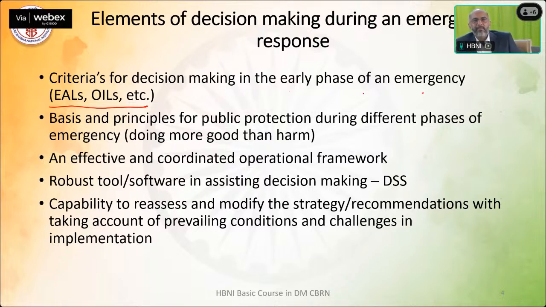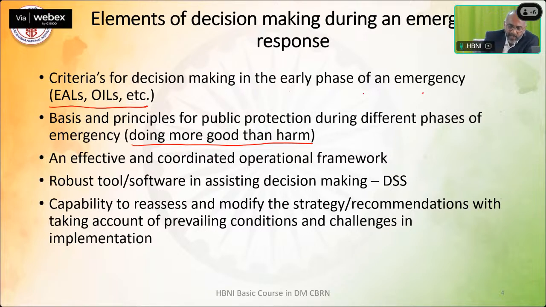The next thing is the basis and principles for protecting the public during different phases of an emergency. In any decision making, whatever decisions we make, we should ensure that they do more good than harm. We discussed this as part of the justification principle in yesterday's class, so I will not get into the details again.